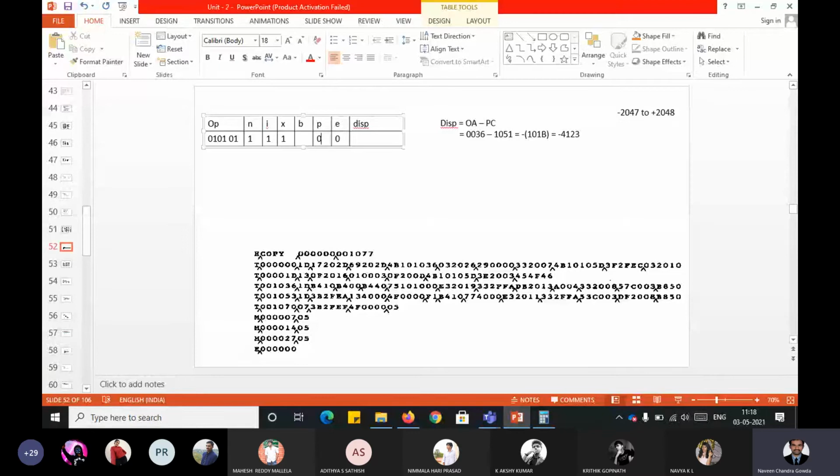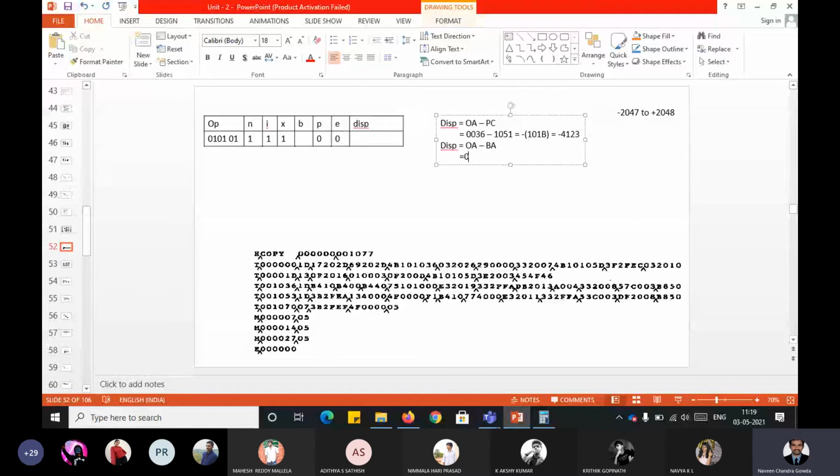What about base relative then? When it is not PC mode, how do we find the displacement? As usual, it is the operand address minus the base address, where the operand address is 0036. What is the base address then?